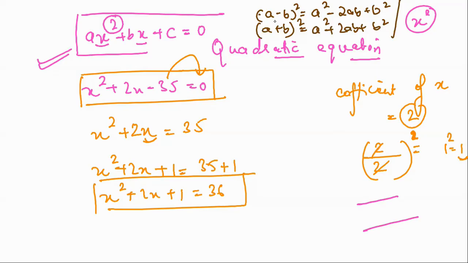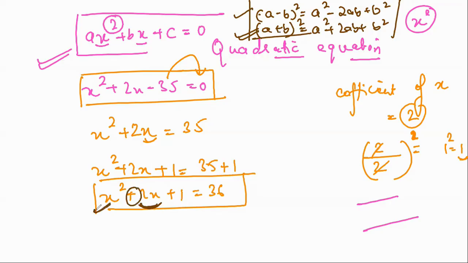In respective questions, we can use either identity. How do we know which identity to use? If the coefficient of x is positive, we use the second identity. If the coefficient of x is negative, we use the first. Here it is positive, so we will use the second identity.